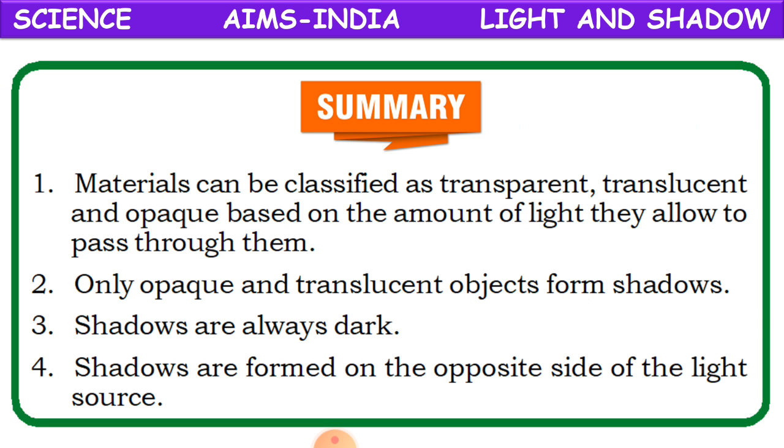The summary. Materials can be classified as transparent, translucent, and opaque based on the amount of light they allow to pass through them. So according to the amount of light, whether it is completely passing the light, partially passing the light, or not at all passing the light, these materials are classified as transparent, translucent, and opaque materials.